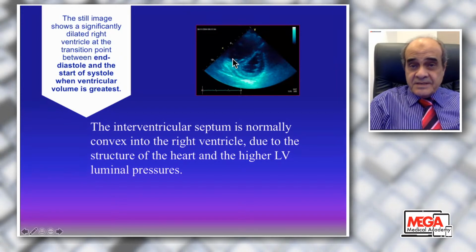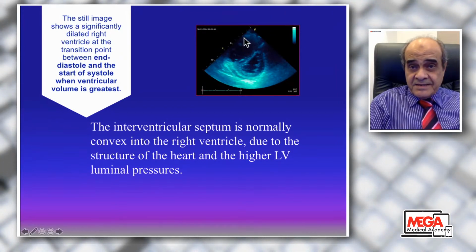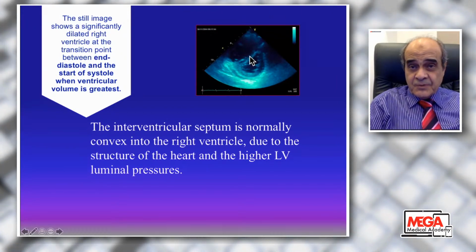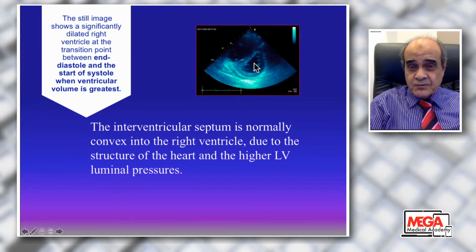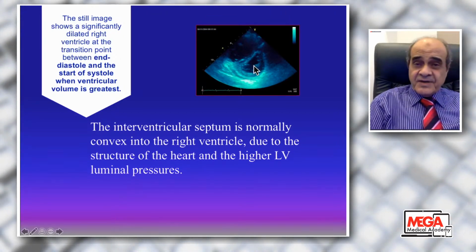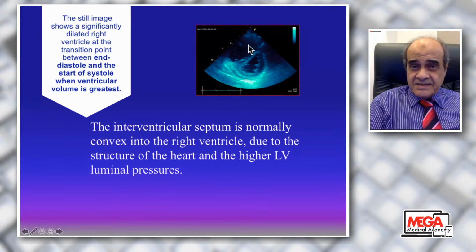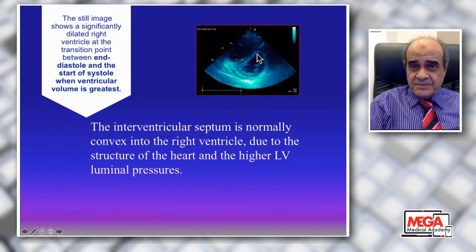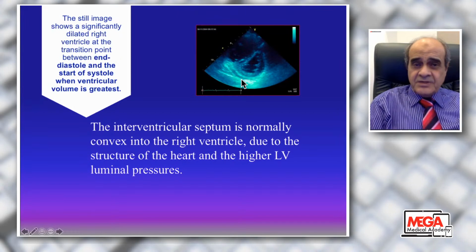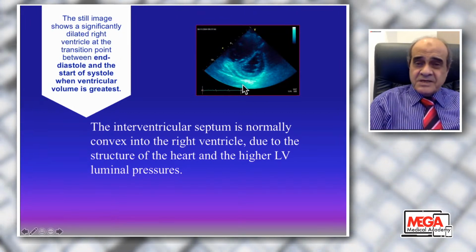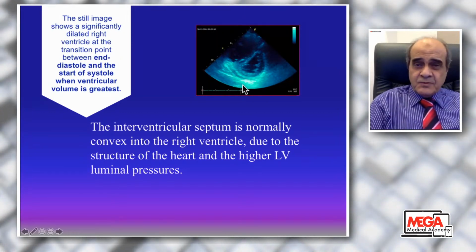As we see here, the right ventricle is highly dilated, and the interventricular septum is pushed towards the left ventricle. Normally the left ventricle is circular, but here it takes a D shape, which is especially characteristic of massive pulmonary embolism.